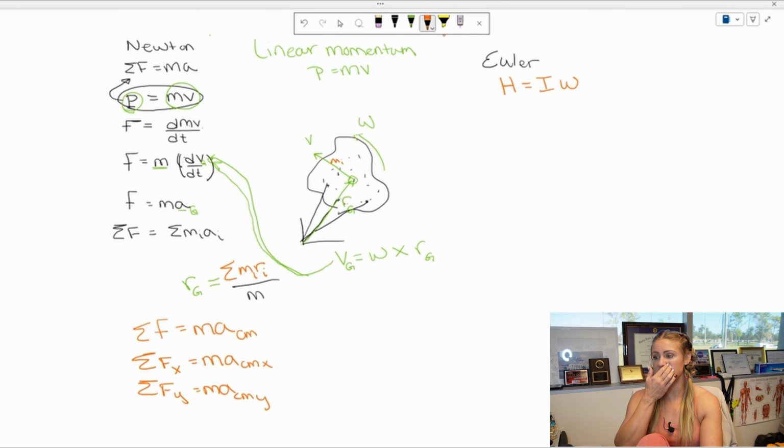Okay, so I'm saying that the angular momentum of an object is going to depend on its distribution of mass, right, and its angular velocity. Because if I rotate an object this way versus an object this way, it will end up being different, right? Its motion profile will be different.